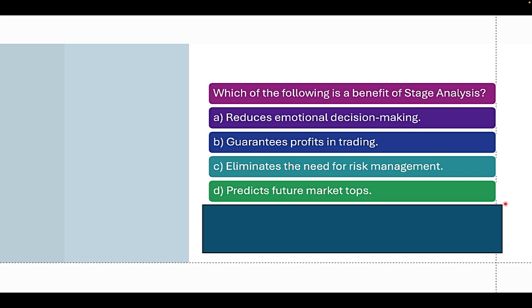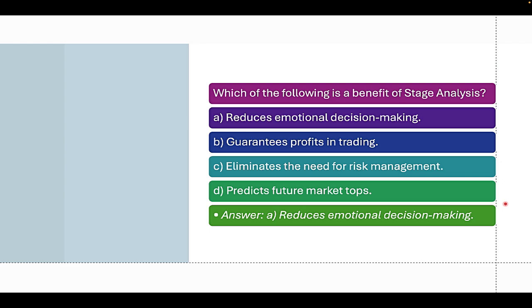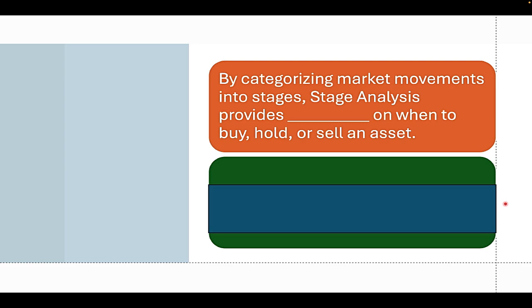So which one of the following is the benefit of stage analysis? Reduces emotional decision making, guarantees profits in trading, eliminates the need for risk management, or predicts future market tops. So it's A, reduces emotional decision making because you have a clear signal.